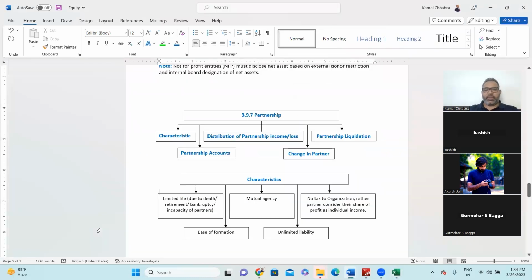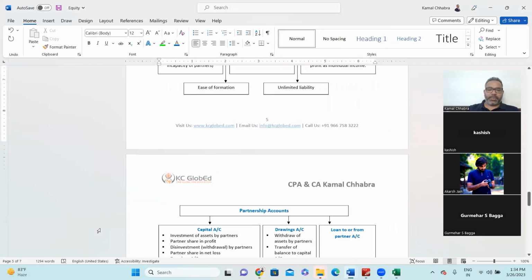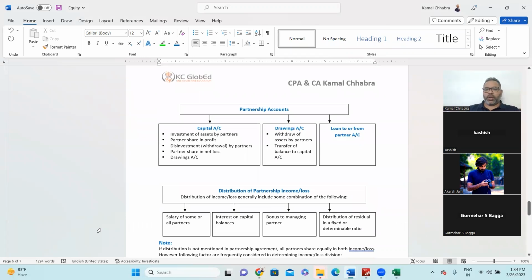So that is the characteristics. Now partnership account. So partnership account has three types of accounts: capital account, drawings account, or it may be loan account also, right? In the capital account, generally investment of assets, I would say here we should have plus sign. Investment of assets, partner share in profit, it should also be plus sign, right?